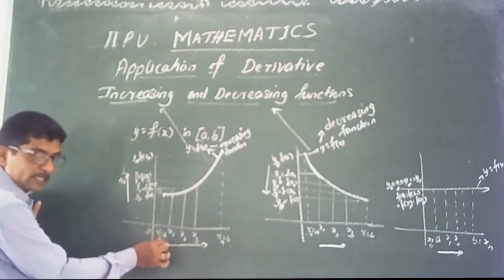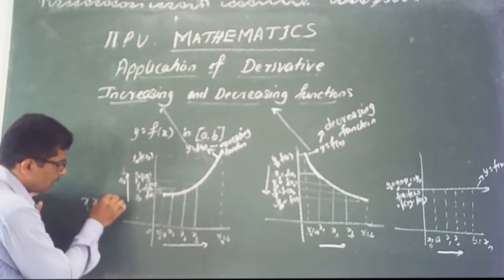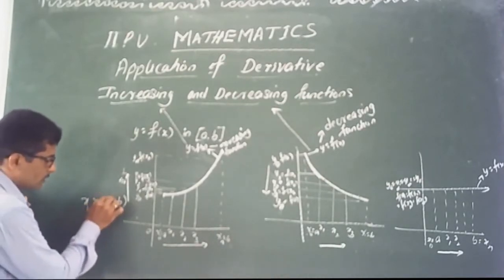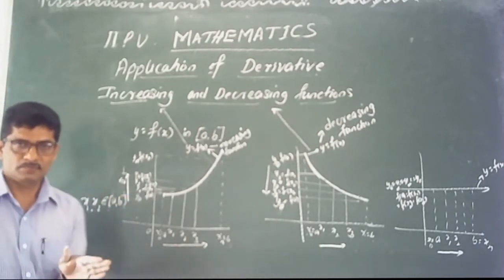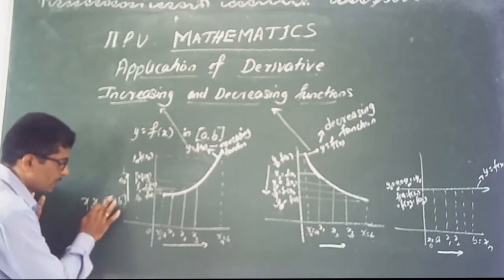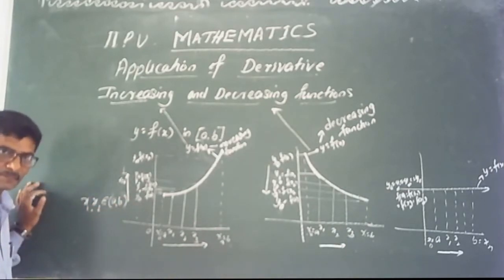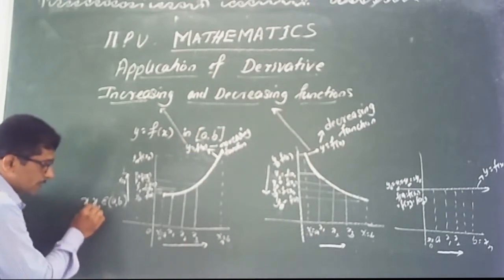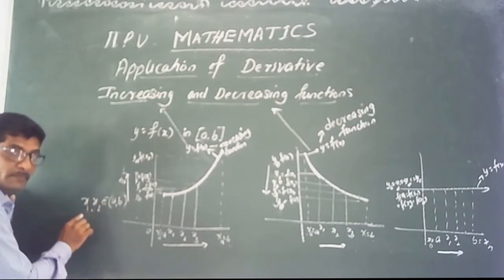Here, in general, x1 and x2 are any arbitrary values belonging to the interval A to B. Suppose in the closed interval or in the open interval, they belong to A to B. Suppose you take the interval A to B, including A and B. x1 and x2 belong to the interval A to B. These are arbitrary values.